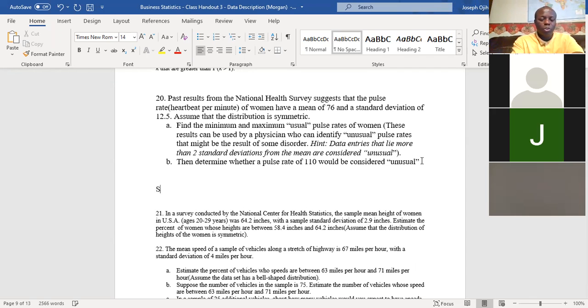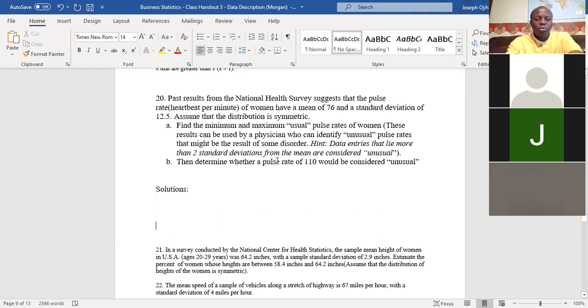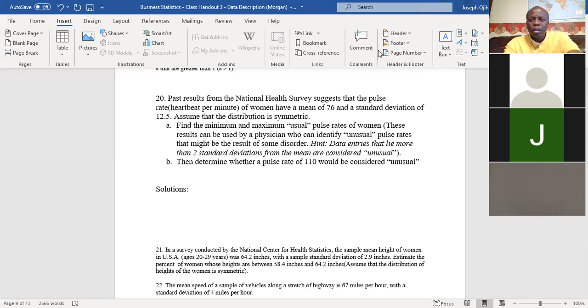So we have a solution. It says that for the pulse rate, the mean is 76, so I'm going to put a mean of 76 here. Let me move this back a little bit. The mean is 76 beats.